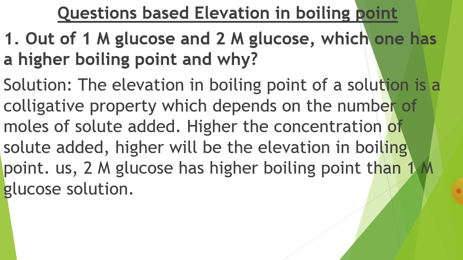Thus, 2 molar glucose has a higher boiling point than 1 molar glucose solution. As you know, colligative properties depend upon the number of particles, so 2 molar glucose has a higher boiling point than 1 molar glucose solution. This type of question you have to solve like this. Got it? Now next question.